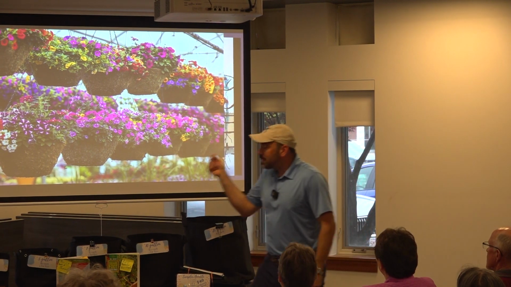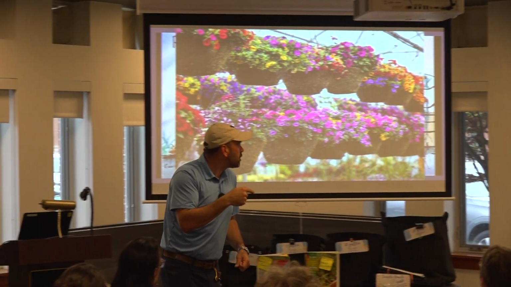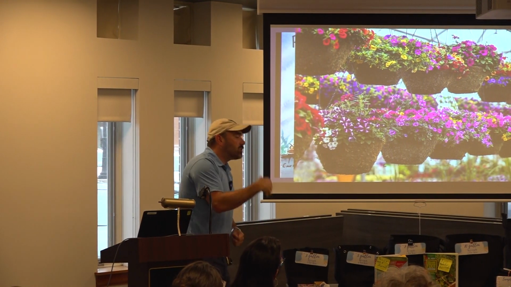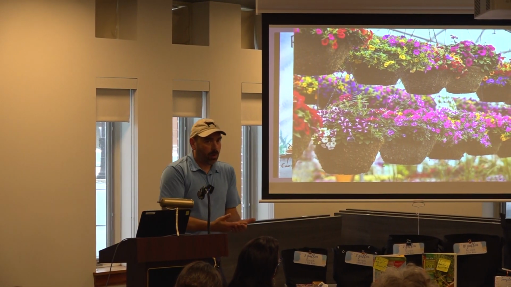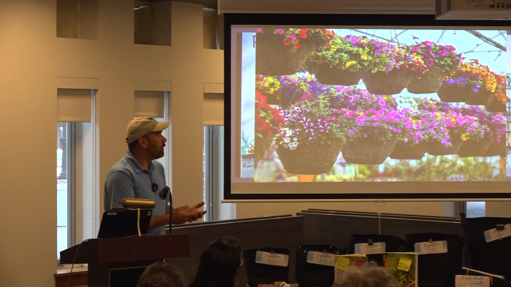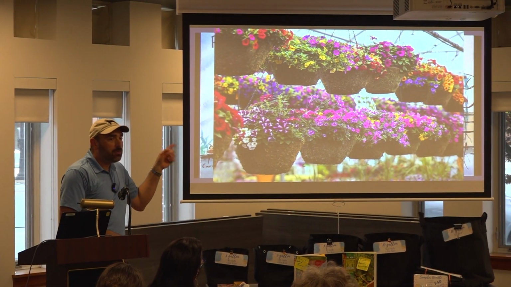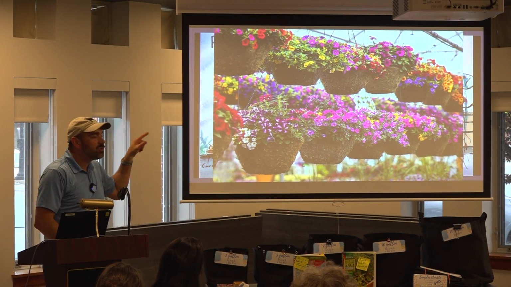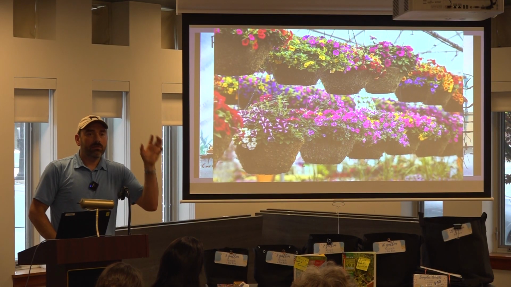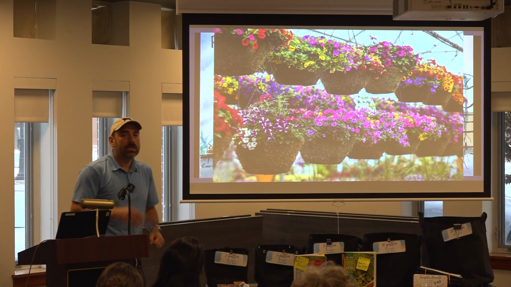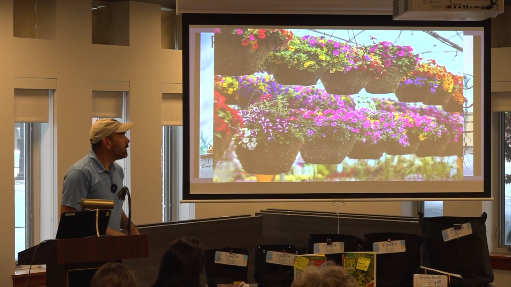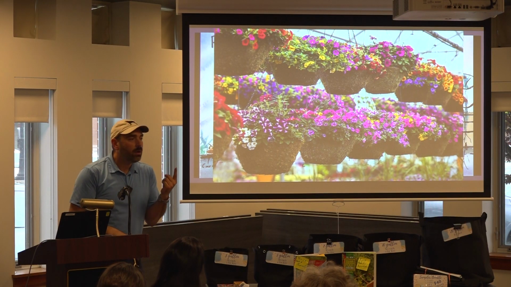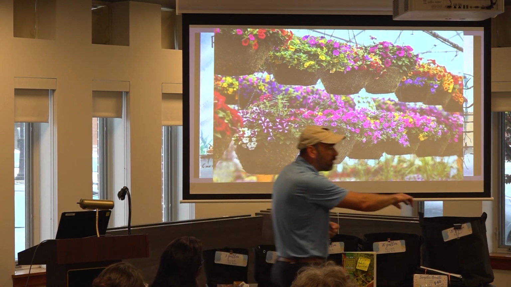But the thing is that containers dry out. I have this picture here to illustrate that we're going to need to water. We're going to need to make sure we put these in full sun. And one thing that you don't see that's happening that makes these so big, vibrant, and ready to grow is that the boss who's running this, whether it's Dave or Joyce Hart, one of them would go over and flip.